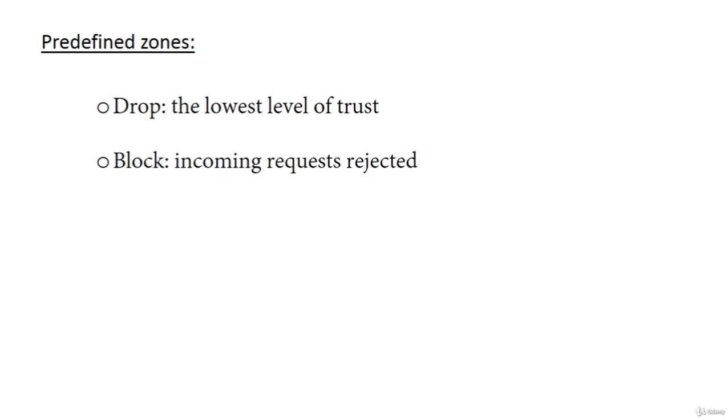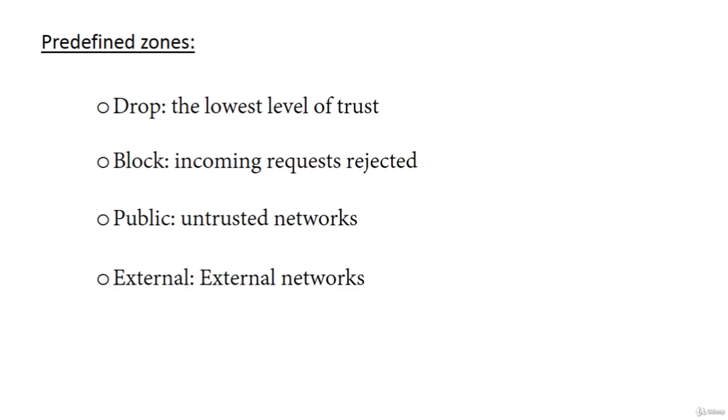It's similar to drop, but instead of simply dropping connections, incoming requests are rejected with an ICMP host prohibited or ICMP6 adm prohibited message. The third one is public. It represents public or untrusted networks. You don't trust other computers but may allow selected incoming connections on a case-by-case basis.